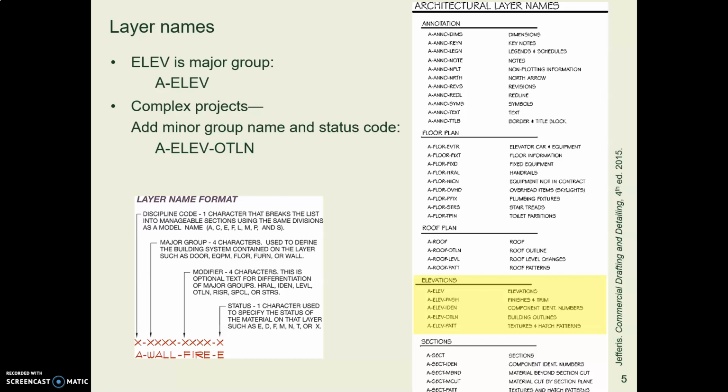So as you're drawing, your layer name in the CAD drawing will be at least A-ELEV. Then if you want to, you can go in and add some minor groups to identify subdivisions of stuff.